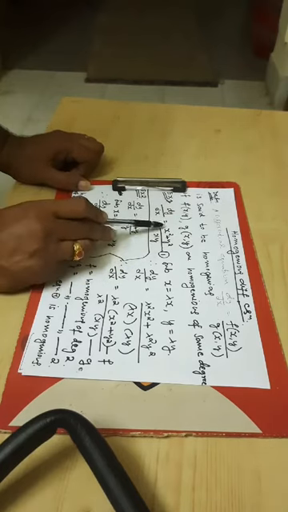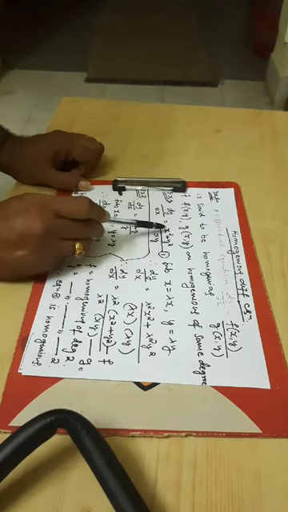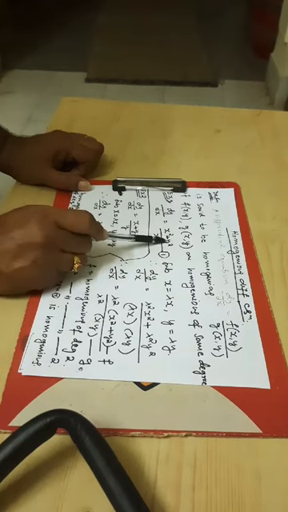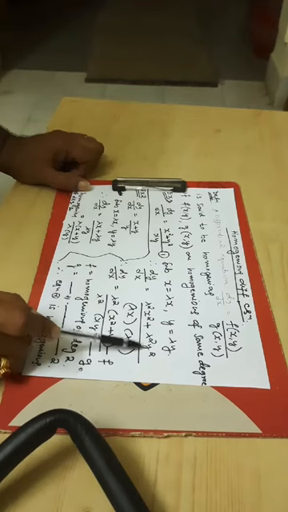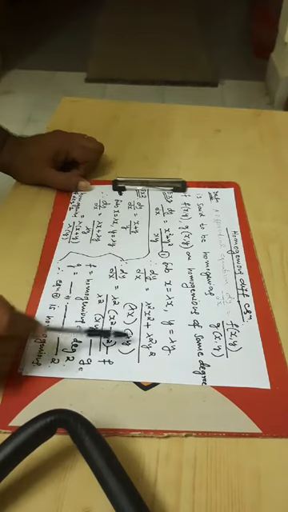So if I substitute, this equation becomes dy by dx is equal to, put x is equal to lambda x and y is equal to lambda y.